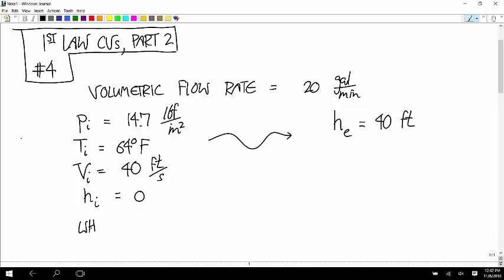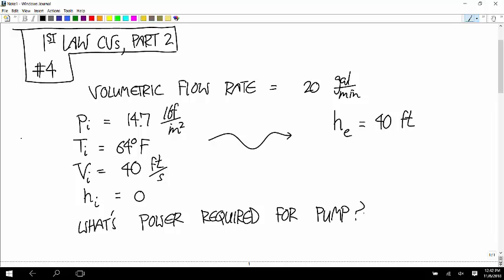What's the power required for the pump? It says steadily, I guess steadily means steady state. I can't imagine a pump that wouldn't be steady state.